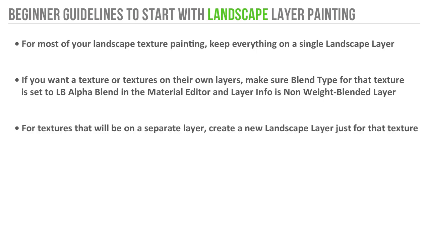And for any texture that will be on a separate layer, I recommend that you create a new landscape layer just for that texture, because each layer can contain sculpt information and it could also contain texture information. So by separating those two, it will make it easier to manage.